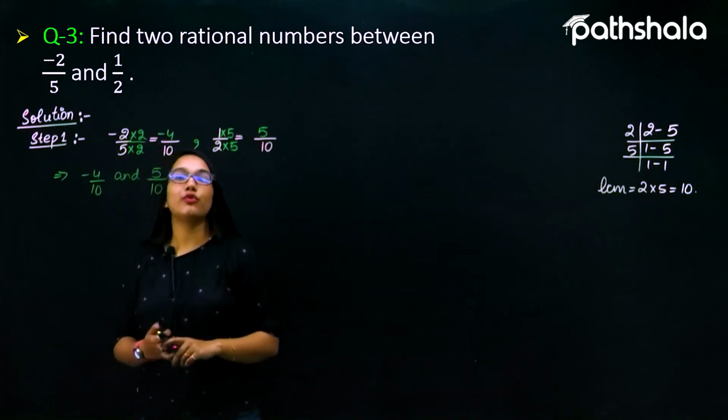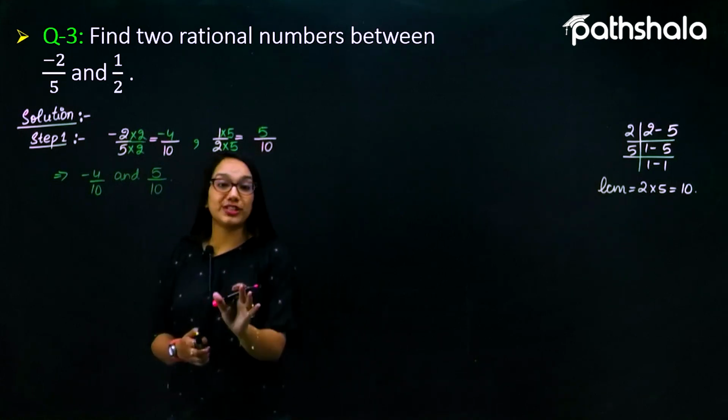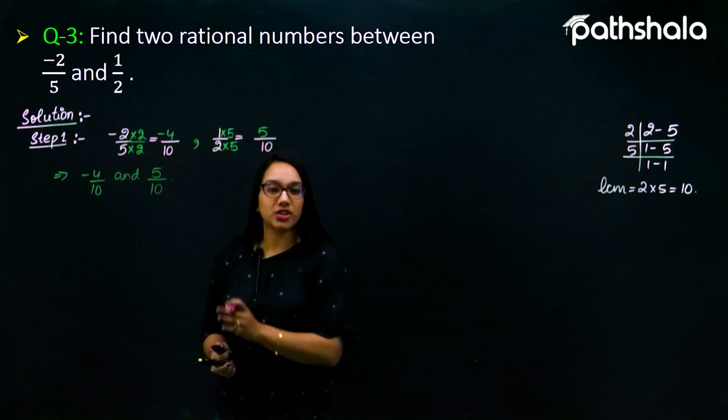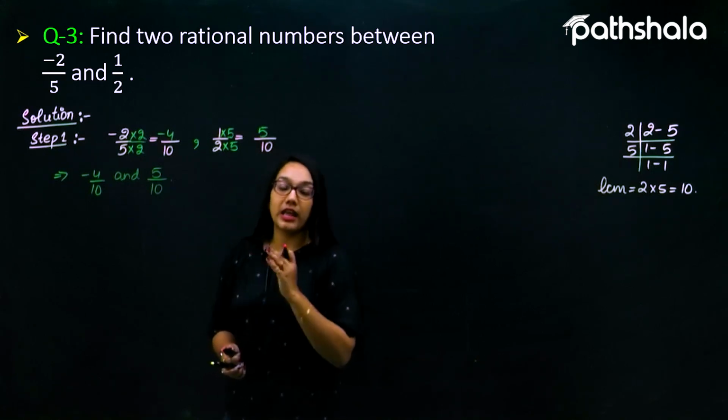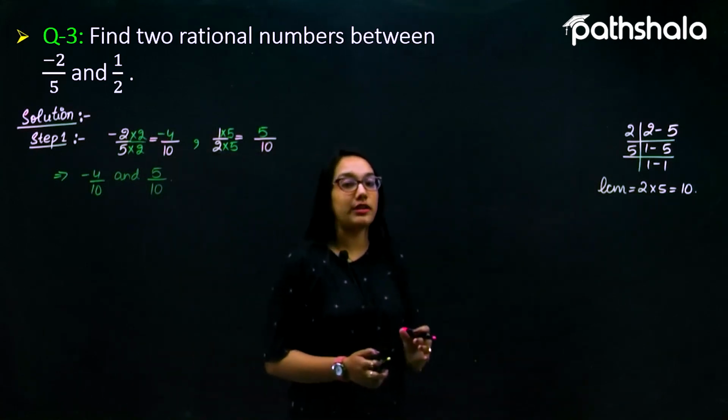Now we can find the rational numbers between these two either by plotting, or by following the concept we used in question number 2. Let us find them by plotting.